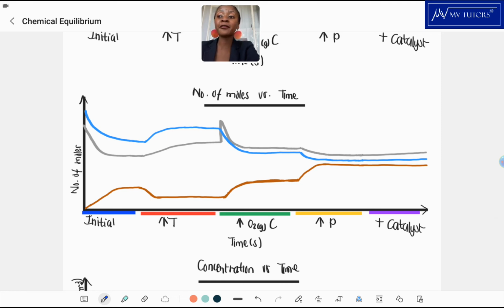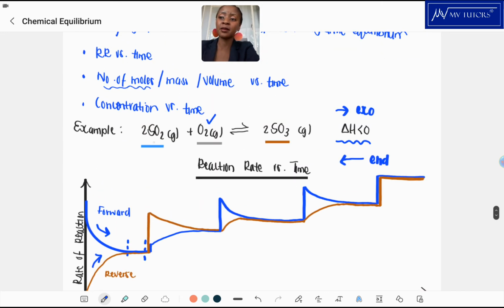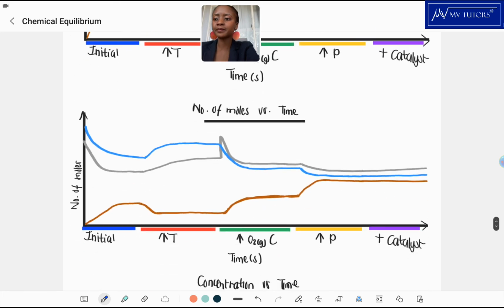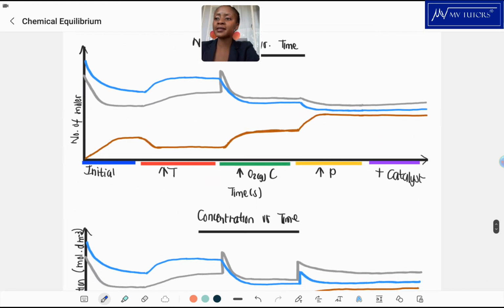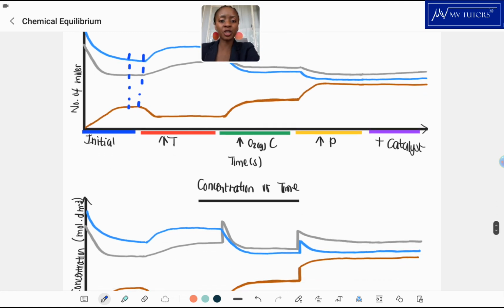But you still have a lot more moles of reactants versus products, because if you look at the number of moles here, for your reactants we have 3, 2 plus 1, and for your products, we have 2. So it'll always be lower, until we reach a point of equilibrium. I tried to make the lines parallel, but it's not so easy sketching. But basically, where you reach equilibrium, that's where you have a horizontal line.